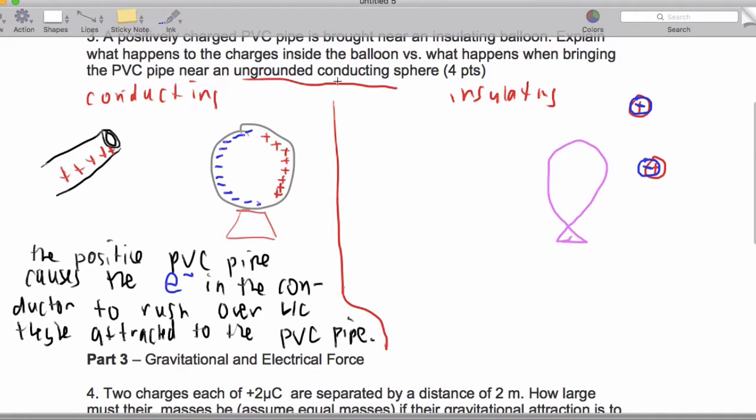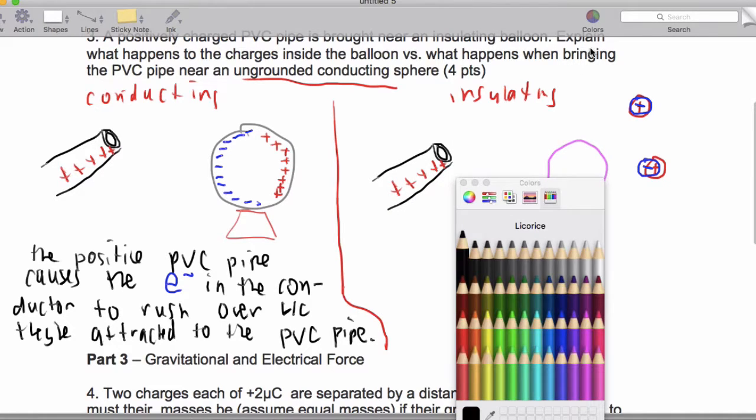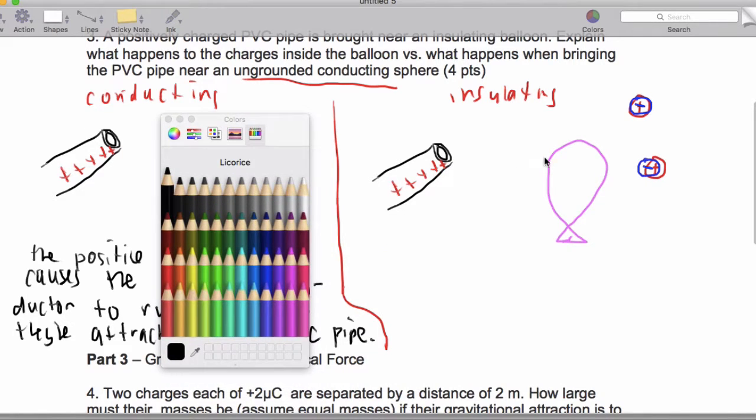Made that weird noise. What happens in the balloon, I'm just going to recopy this here, PVC pipe. There we go. Wow. The wonders of 10-year-old technology. Okay, so what's going to happen is you have this positive pipe here, and there's just this slight charge separation throughout the balloon.